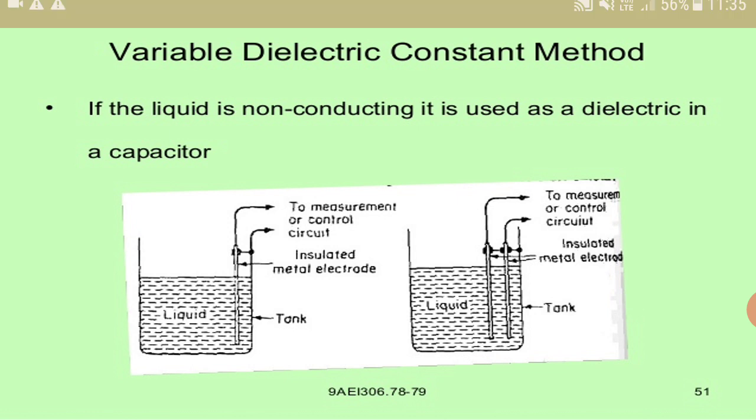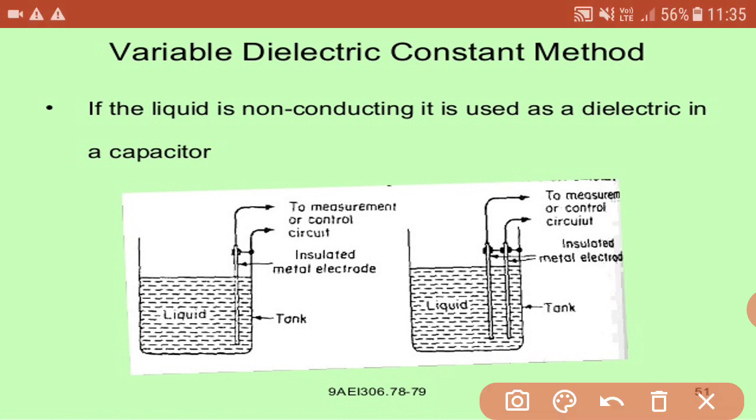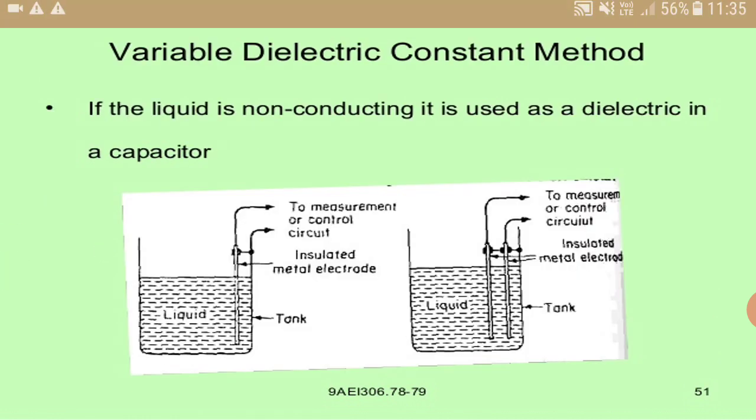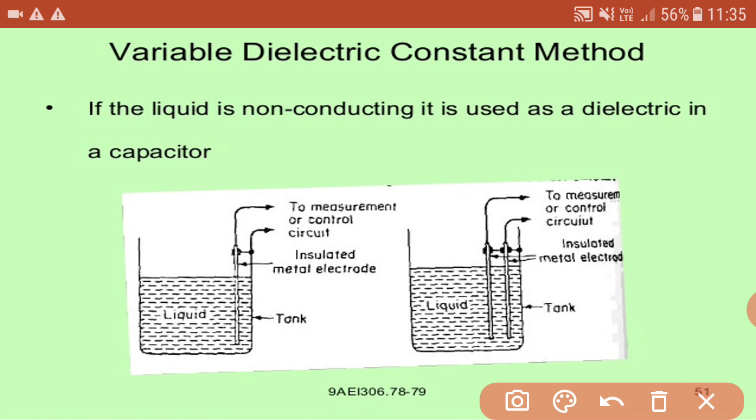Here we can see one figure: a tank, then an insulated metal electrode, and some liquid in the tank. The output is given to the measurement or control circuit.